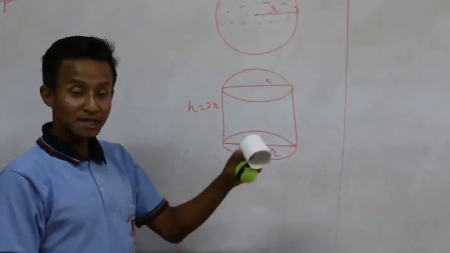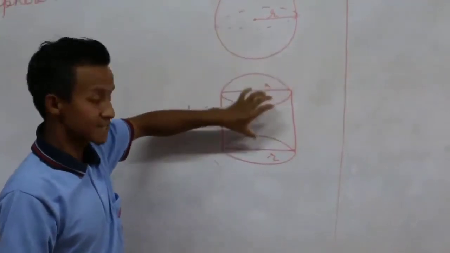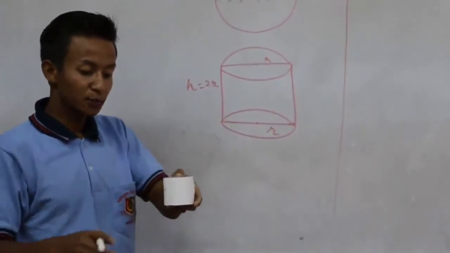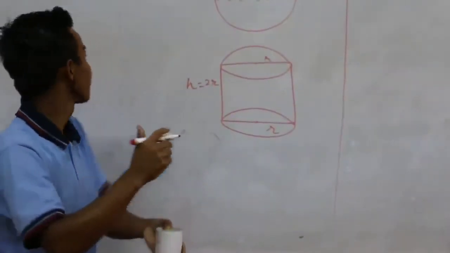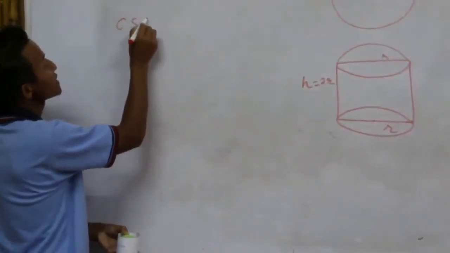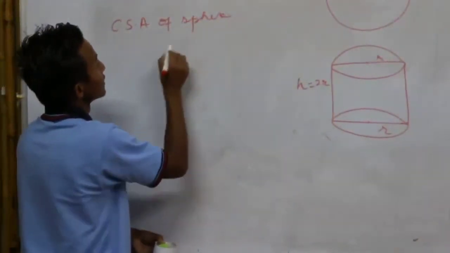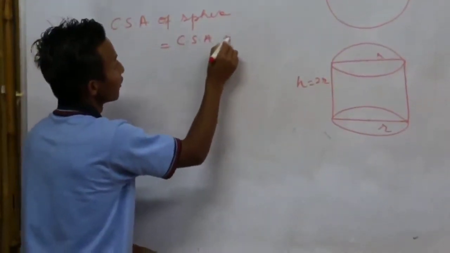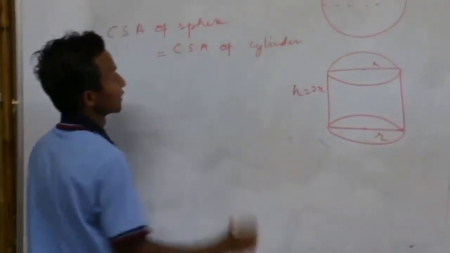So Archimedes, he put this ball inside this cylinder like this, and he observed that the curved surface area of a sphere is equal to the curved surface area of the cylinder, right?